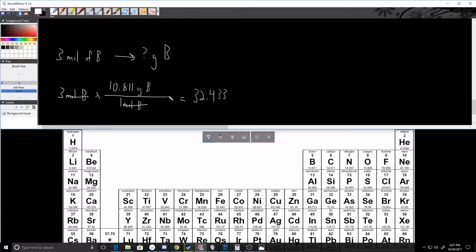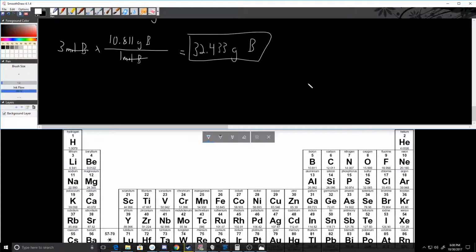And once again, I'm left with grams of boron as my unit. So 3 moles of boron have a mass of 32.433 grams. I think that would be really easy for us to measure at our level. Our electronic scales, even in our lab, would be able to measure that.